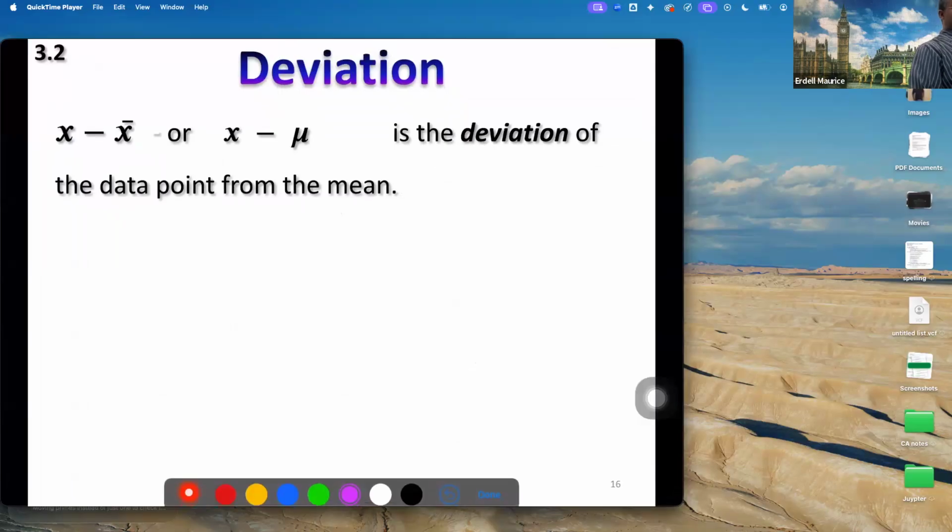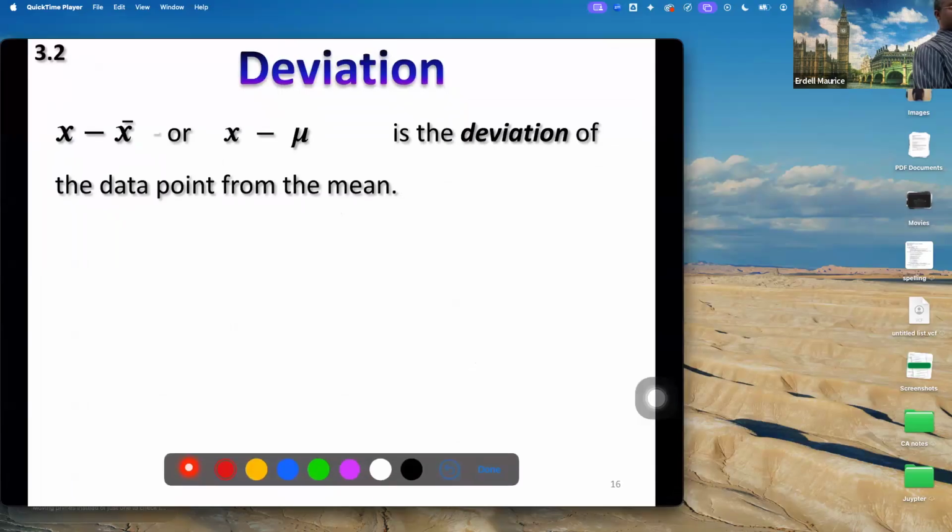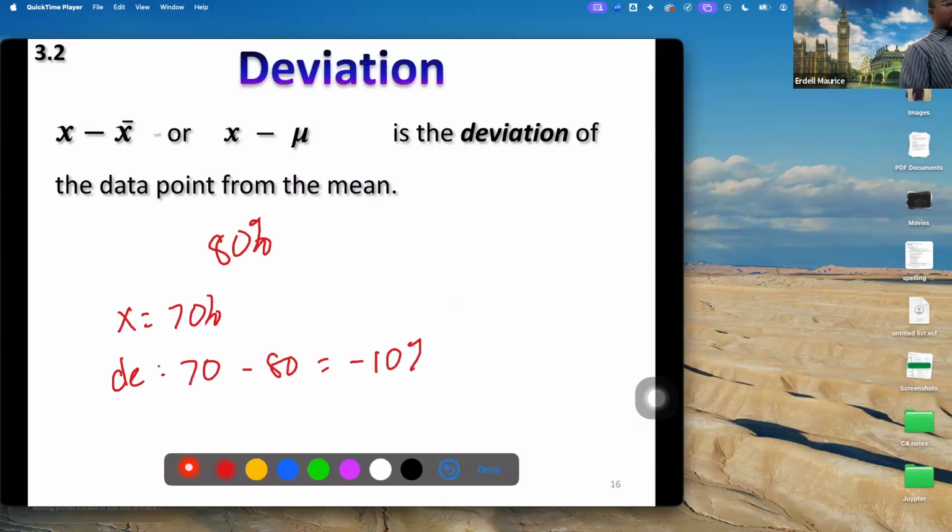Again, my average for my test was 80%. If someone scored 70% on that test, then the deviation would be 70 minus 80, which is negative 10%. That negative 10% is telling us that they deviated from the mean on the negative side. They scored 10 points below the mean, right?